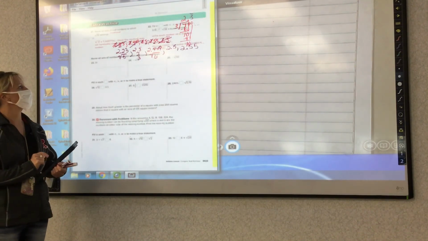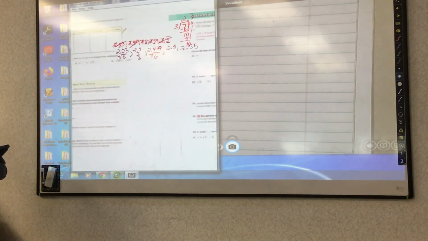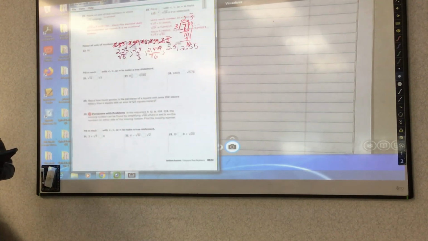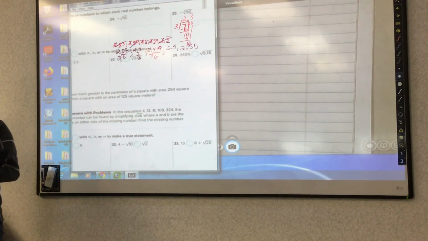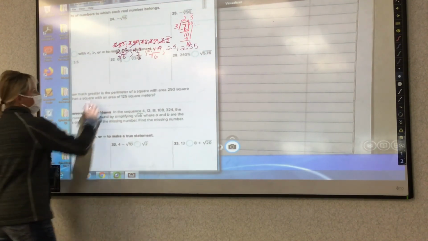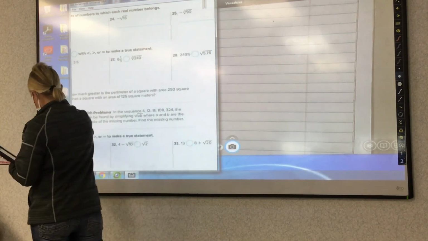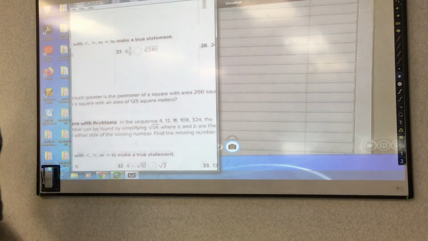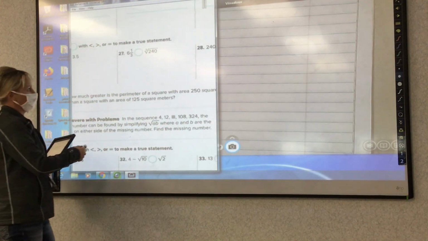Before we go to our extra practice, I want to show you something on your calculator. Go ahead and turn to page 23 and look at number 27. Do you see that that's a 6 1/3?